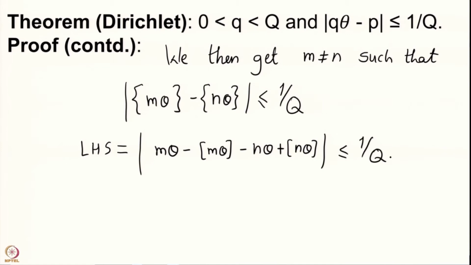This is less than 1 by Q. So, we see that you have m minus n into theta minus some rational number. Let us call this some integer, let us call that integer to be p.